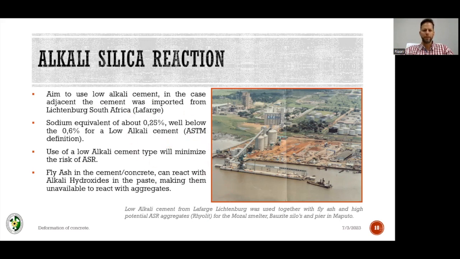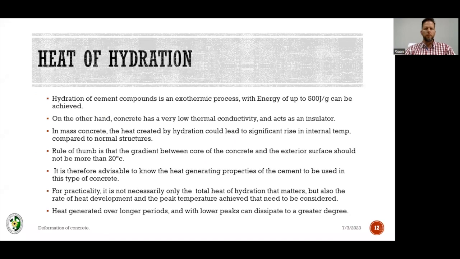So, heat of hydration. I'm not sure if anybody has experienced this. There are two components to this, and this is quite important: you have initial heat of hydration, and then you have the real heat of hydration. Initial heat of hydration happens as soon as water hits your concrete in the back of the drum or in the mixer, whichever process you are using.